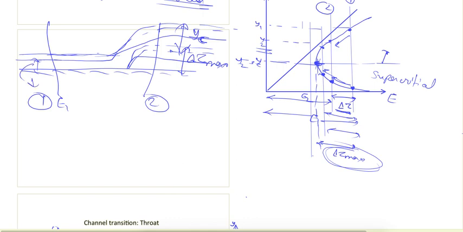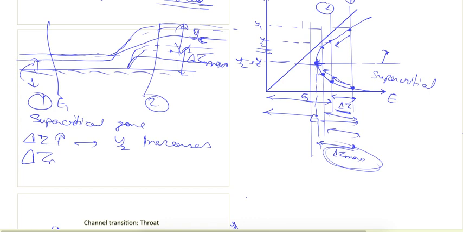So to summarize, we can say that in the supercritical zone, as we increase the height of hump, depth at downstream increases, and it keeps on increasing until when we reach delta Z max, this y2 will be equal to yc.